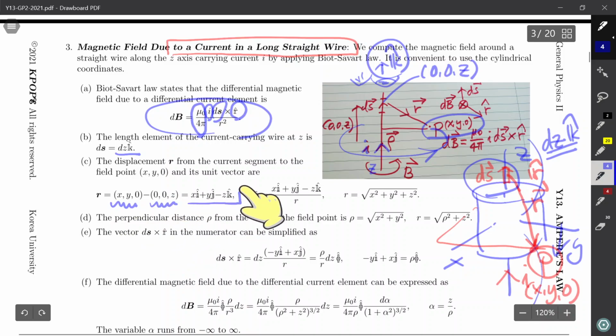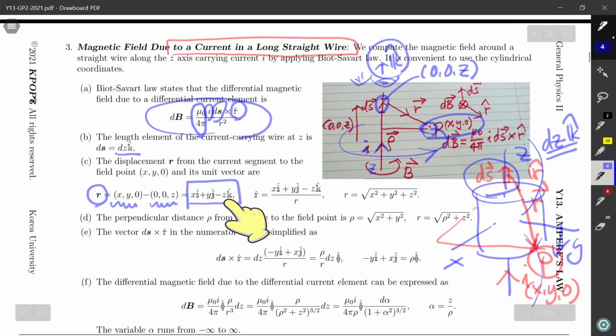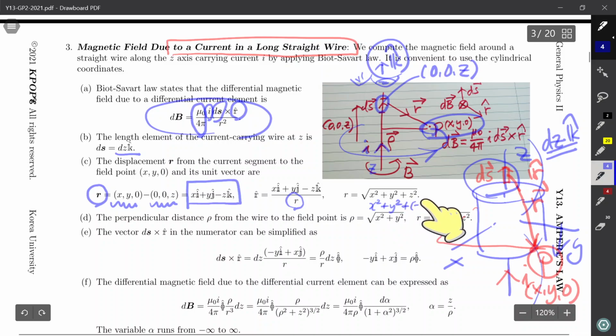Therefore, the radius vector that connects the current element to the field point is this. What is the unit vector? The unit vector is this vector divided by its length. Well, this is x squared plus y squared plus z squared.